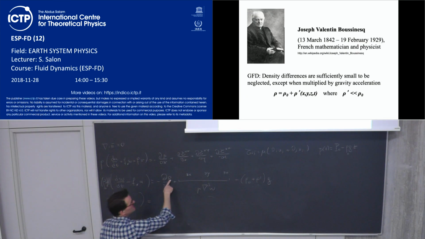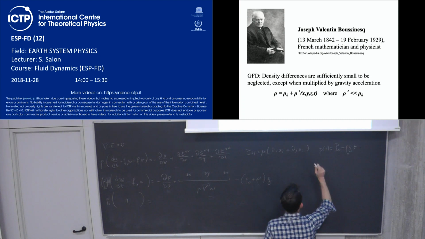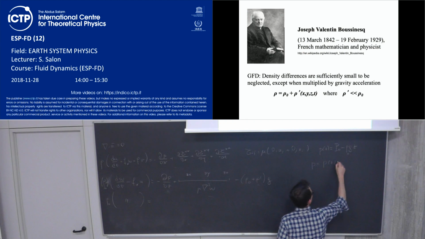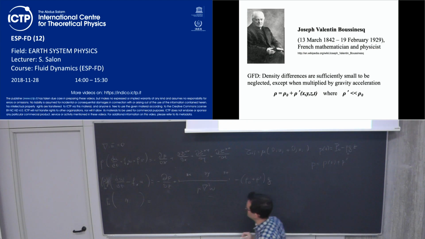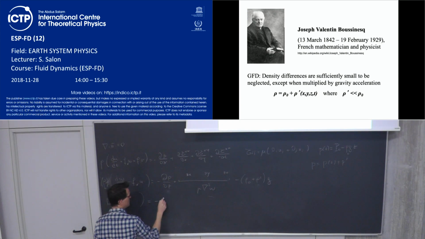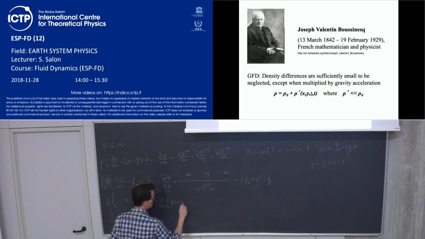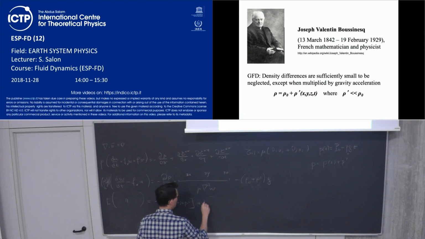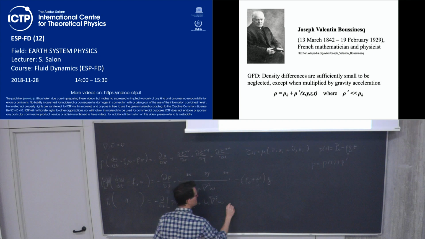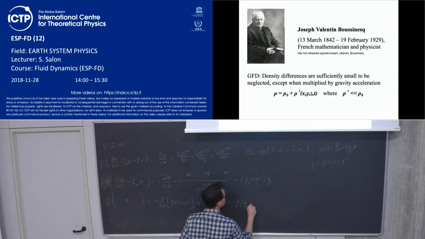So this P is nothing more than this one. Of course, sorry, P is equal to P̄(z) plus P prime. Okay? So we have to take the derivative of P̄(z) plus P prime. Then we have this one, and then we have these two terms here.